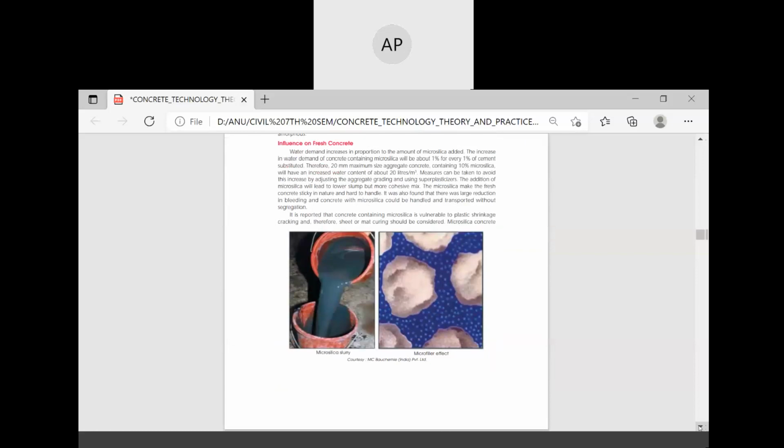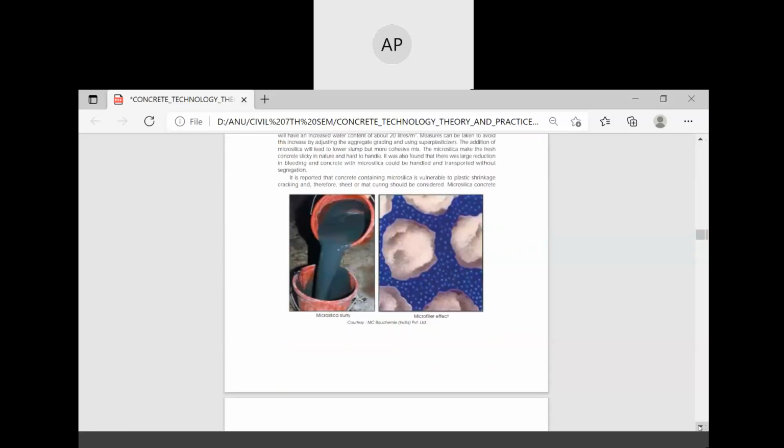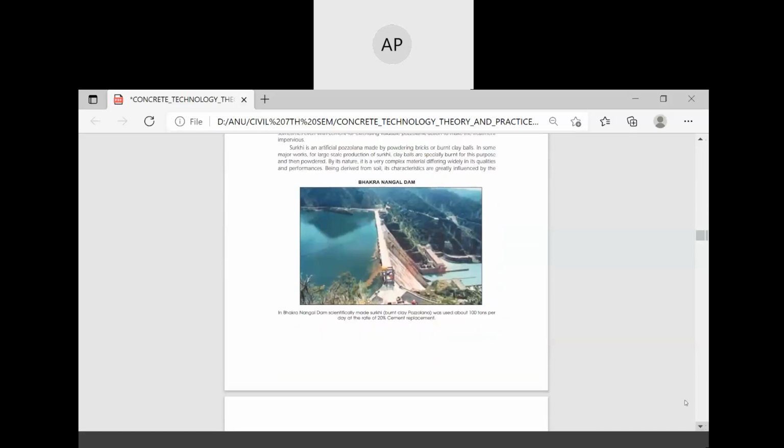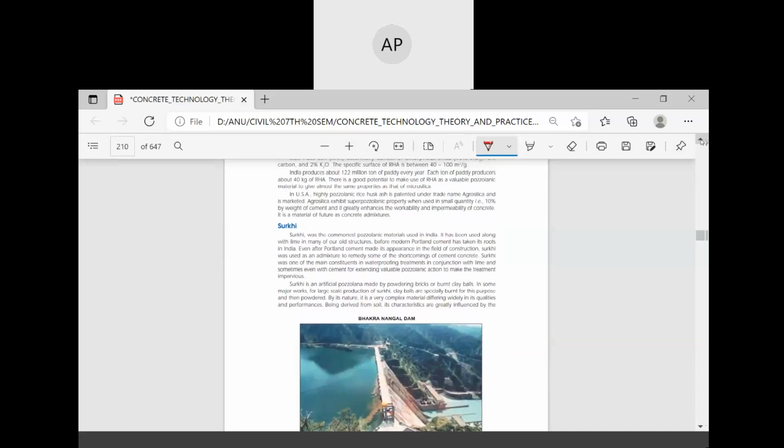Okay, influence on fresh concrete. Influence of surki. There is the Bhakra Nangal Dam showing here.